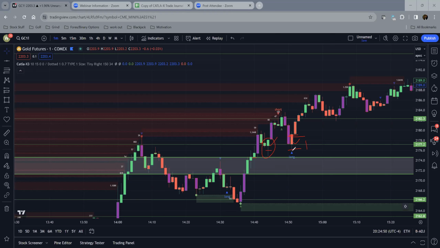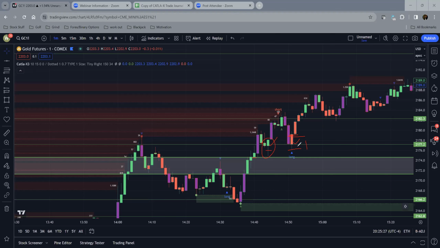So we got 30 ticks of risk. Now what's the difference between 21.95 and 21.79? Yep, 16 points or 160 ticks. So how many times does 30 go into 160? Yep, 5.3.